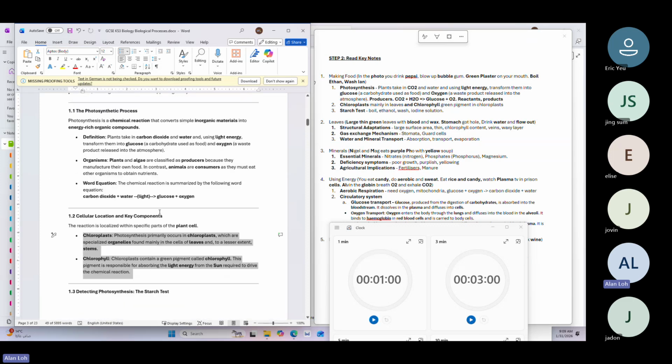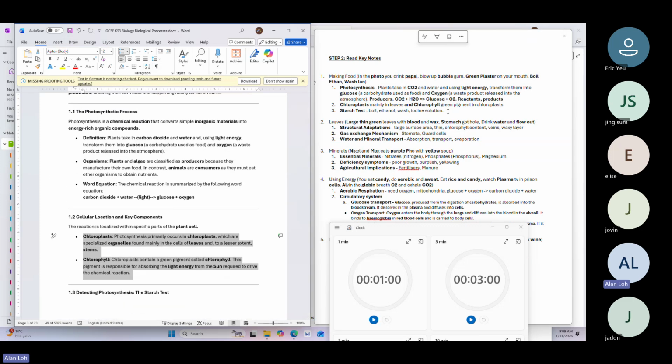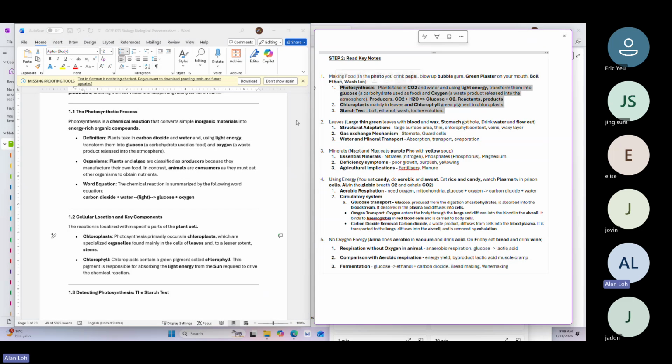If you realize, it is exactly the same format as our keynotes. First point is talking about the photosynthesis. Second point is talking about the chloroplast and chlorophyll. The third point is talking about the starch test, right? And even the story is helping you to remember what is the content inside drawer number 1.